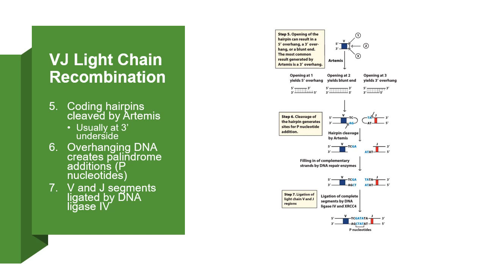So TC and then GA, as we loop back around, ends up with TCGA. The opposite end ends up with ATAT. So these get filled in with TCGA, and if you were looking at the opposite strand, you would also get TCGA, which is why they're known as palindrome sequences. One goes forward, one goes reverse. They're exact opposites of each other, but they match each other. And this is just a kind of a strange phenomenon that has to happen because of how DNA works.